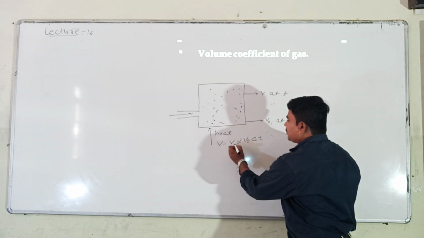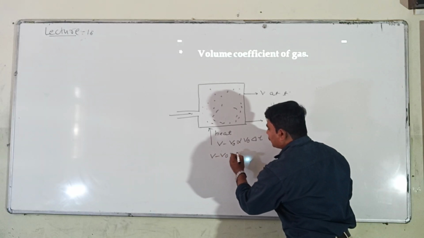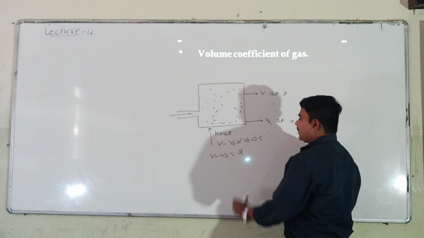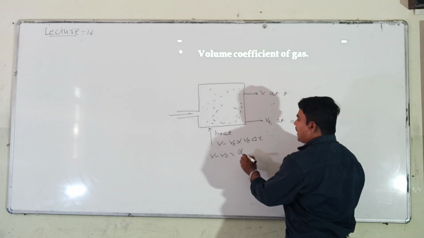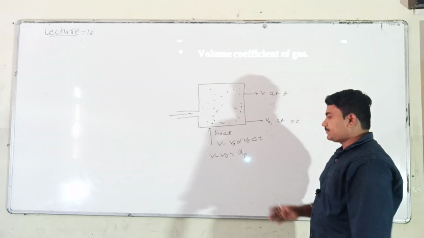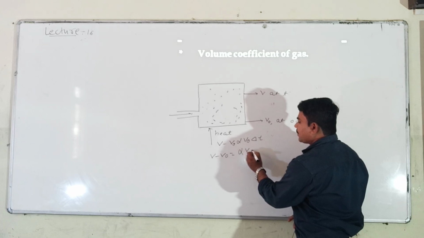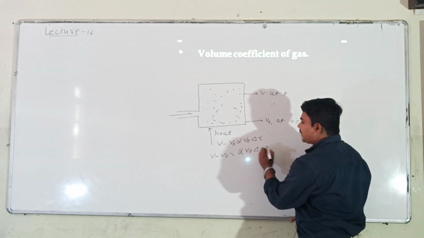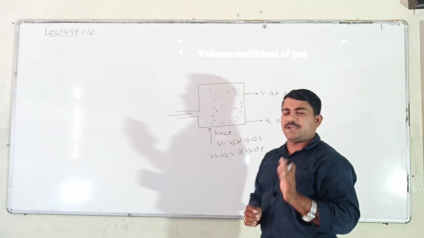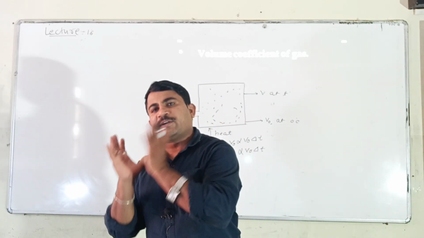Or the change in volume, V minus V0, is equal to some constant alpha, at constant pressure, into V0 into delta T. What is alpha here? Alpha represents the volume coefficient of expansion of the gas.